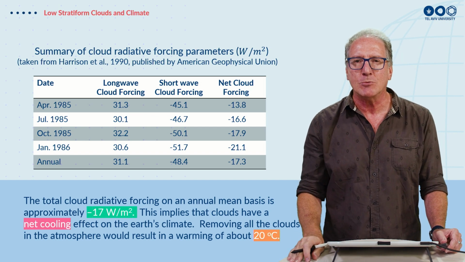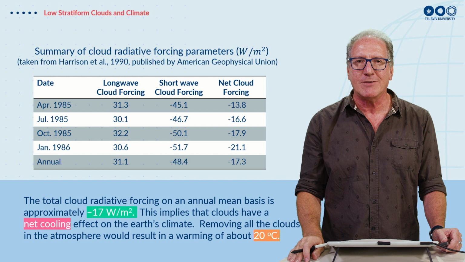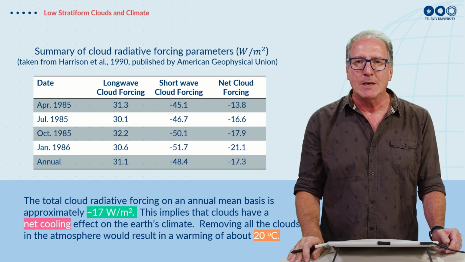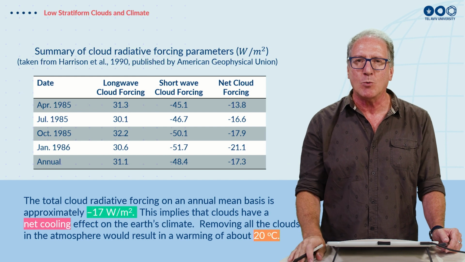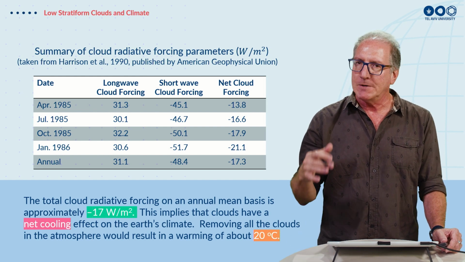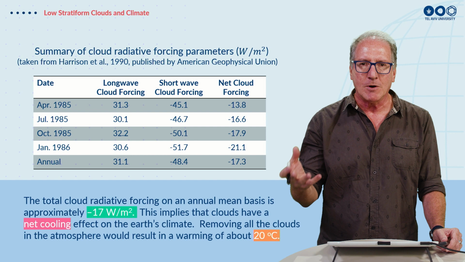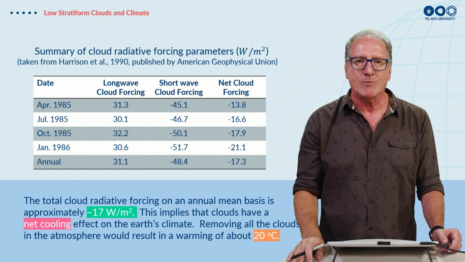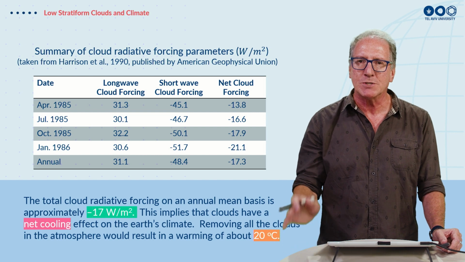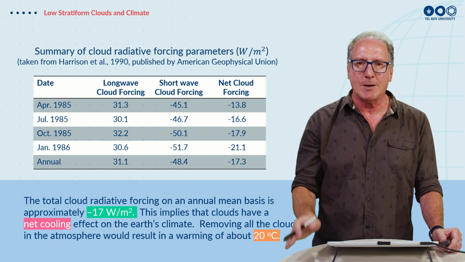On average for the annual mean, around about minus 17 watts per square meter. This means that because we have clouds on planet Earth, we're losing about 17 watts per square meter all the time because of this more reflection of energy than the trapping in of the energy.